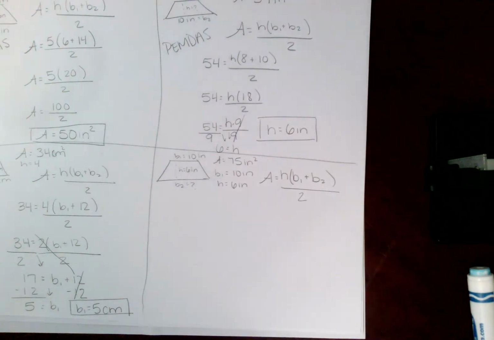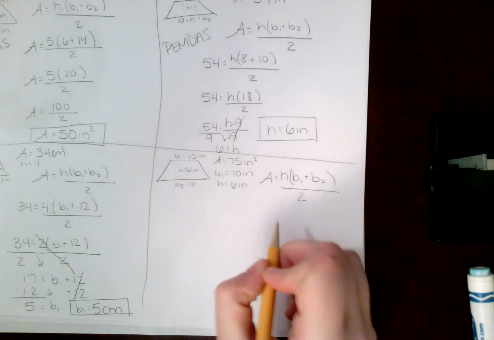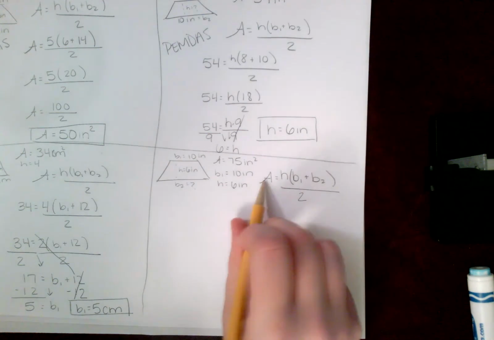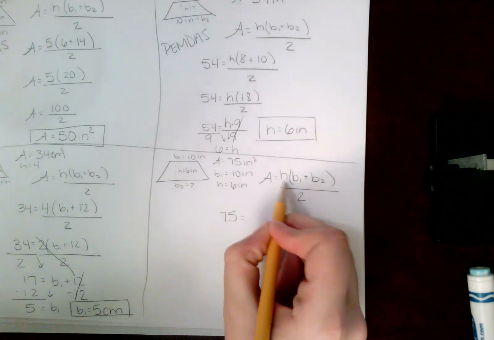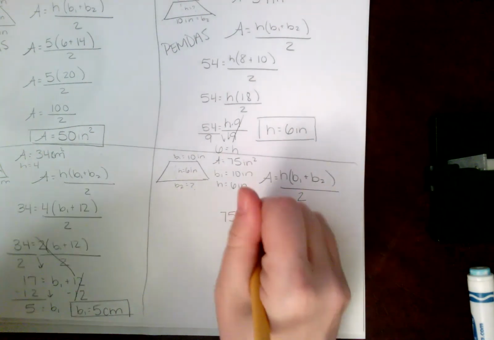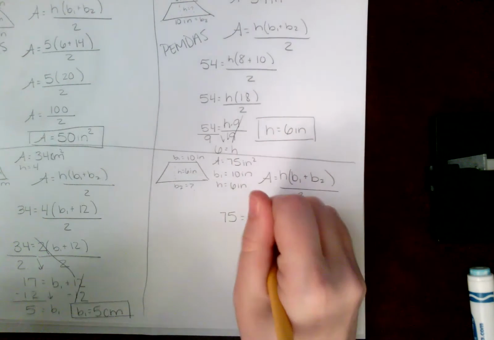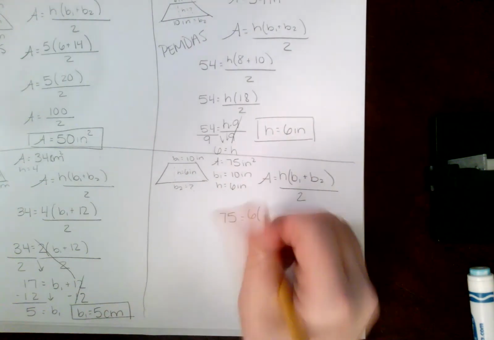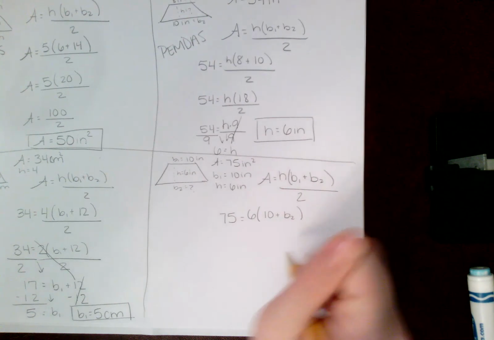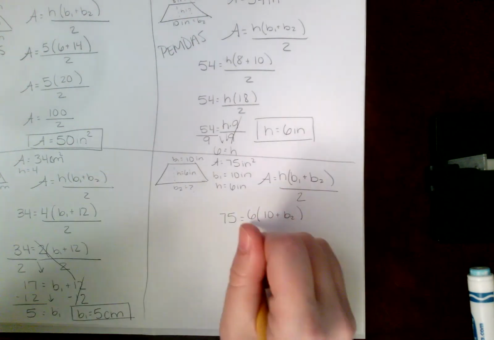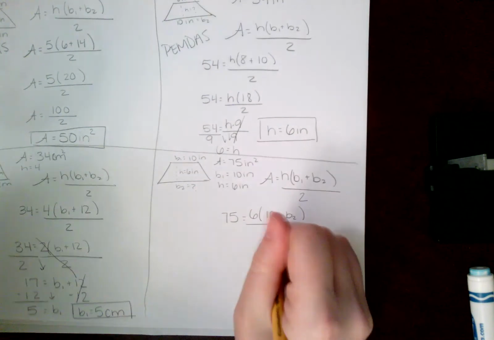Here is my formula. I'm going to plug in everything that I know. Area is 75 equals my height is 6 times base 1, which is 10, plus base 2, which I don't know, but that's okay because I know a lot of other things. All of that divided by 2.